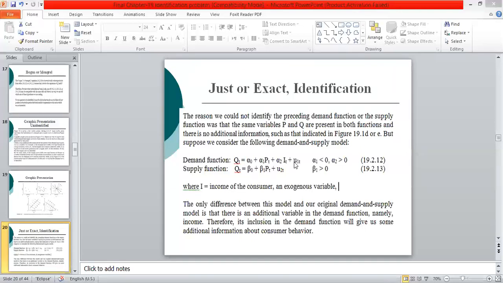So the only difference between this model and the original demand and supply model is that there is one additional variable in the demand equation, that is the income. This inclusion of the income variable in the demand function will give us some additional information about consumer behavior.